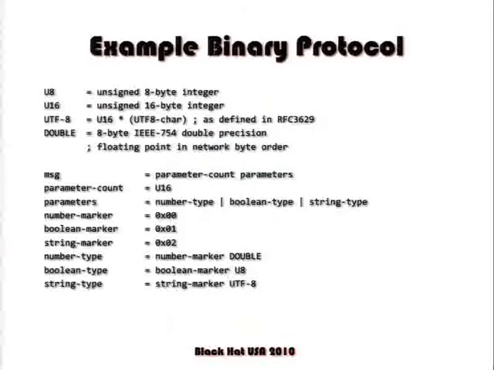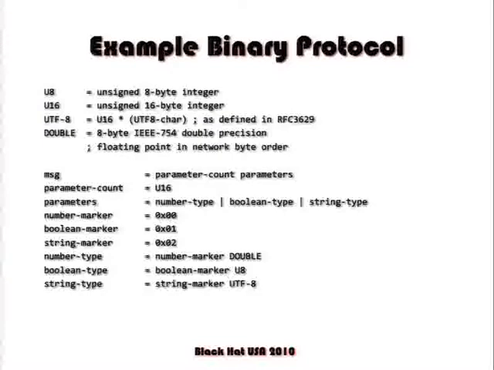Strings would have the type marker, then the length of the string, and then the string itself. Strings are encoded in UTF-8. Numbers would be encoded as doubles, say in network byte order here. And our type markers are basically shorts, or unsigned 16-bit integers.